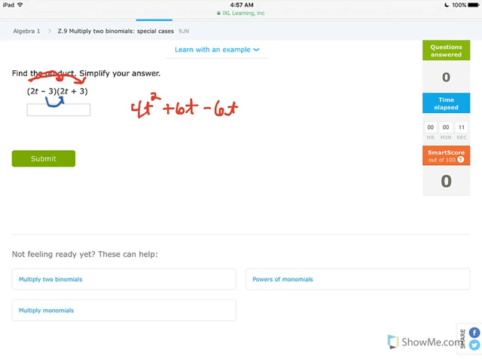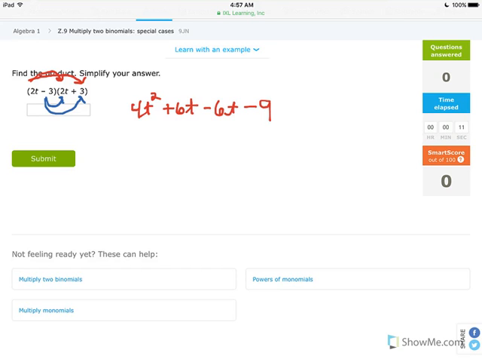You have a negative 3 times a positive 2, that's going to be a negative 6, and then you still have the t. And then multiply your last two numbers, so negative 3 multiplied by positive 3. Negative times a positive is a negative, and 3 times 3 is 9, so you should get negative 9.